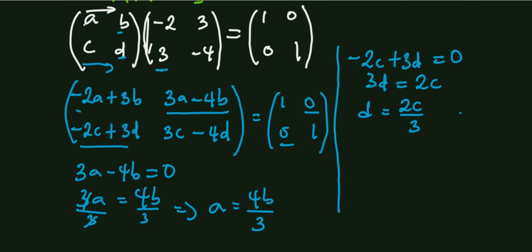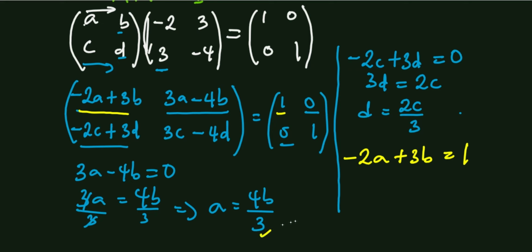The first row, first column, minus 2A plus 3B, which will be equal to the first row, first column in the identity matrix also, which is 1.